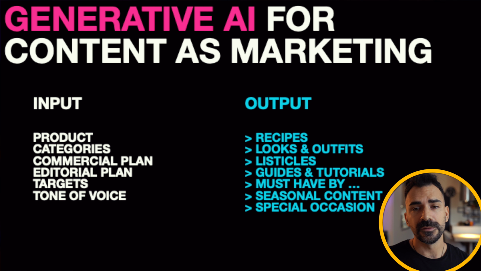So yes, we can use generative AI for content as marketing, using as inputs our product categories. If we do have a commercial or editorial plan, we can add a target and a tone of voice so it can know how to write and which kind of idea to consider, and it can output many powerful things, such as recipes, looks and outfits, listicles, guides, tutorials, collections like must-have, buy, seasonal content, special occasion content.